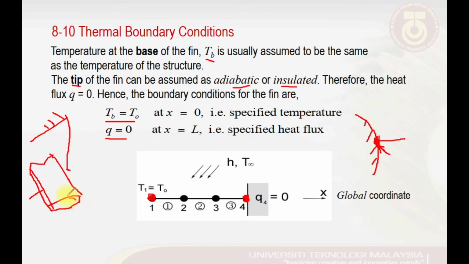This is where we insulate it. Then it results in Q equal to 0. That means no heat flows through the surface at the tip of the fin.